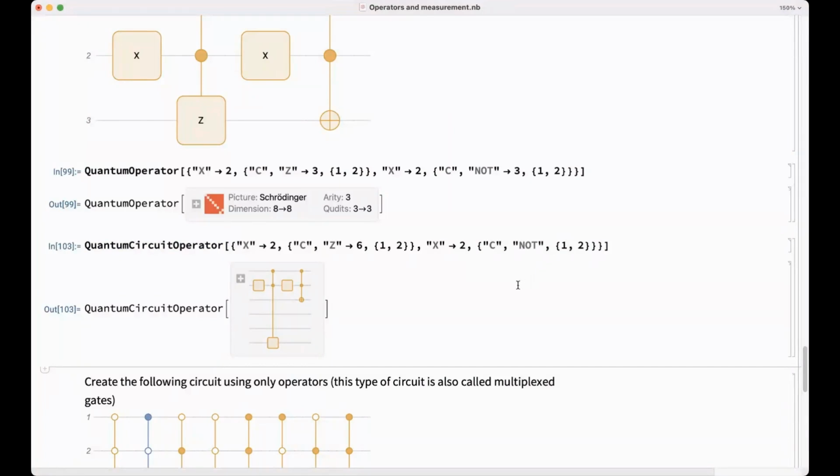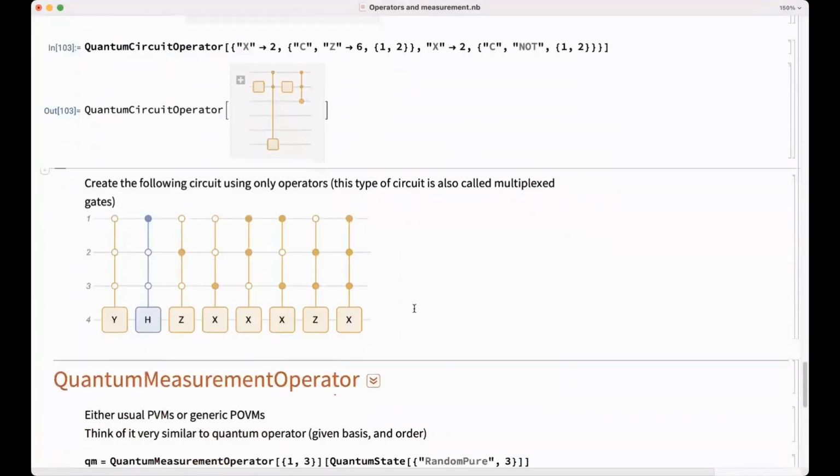Okay, let's see that last example before we move on to the next topic. The circuit that you see here is the multiplex gates. What's happening here is 0, 0, 0, and then Y on that qubit. Then one by one we are including all the combinations.